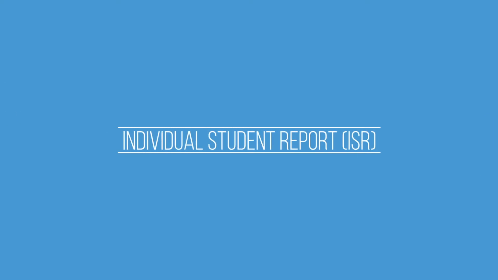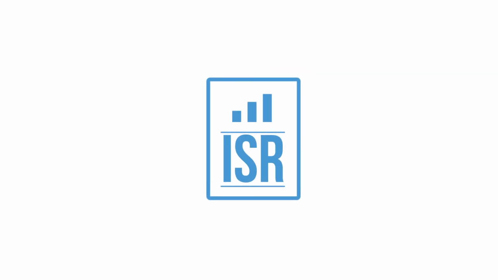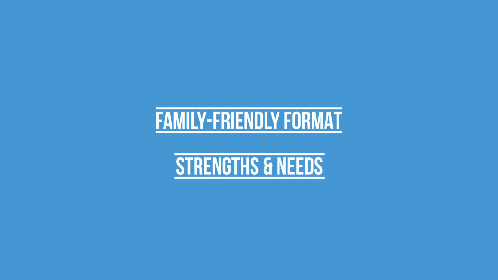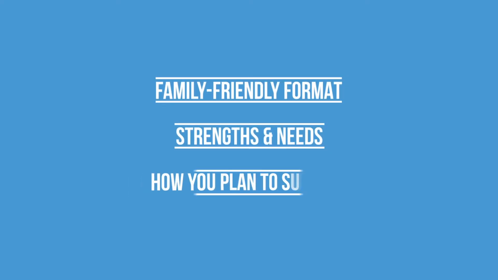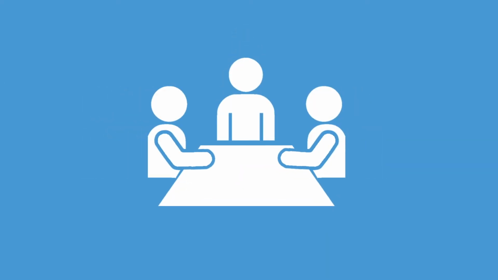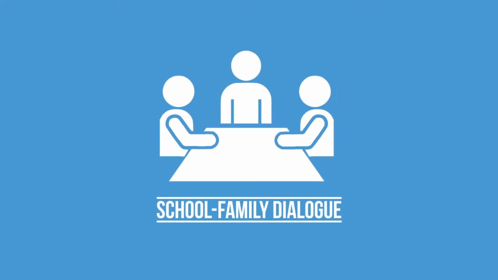Individual Student Report, ISR. The second key report is the Individual Student Report, or ISR. The ISR shows the students' KRA summary scores in a family-friendly format. It can be used to help others understand a child's strengths and needs, and to communicate how you plan to support the child's growth throughout the year. It's important to share the ISR with families, and many teachers find it helpful in initiating a school-family dialogue.